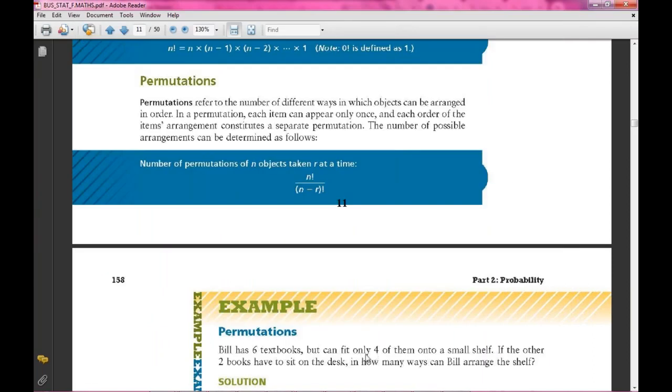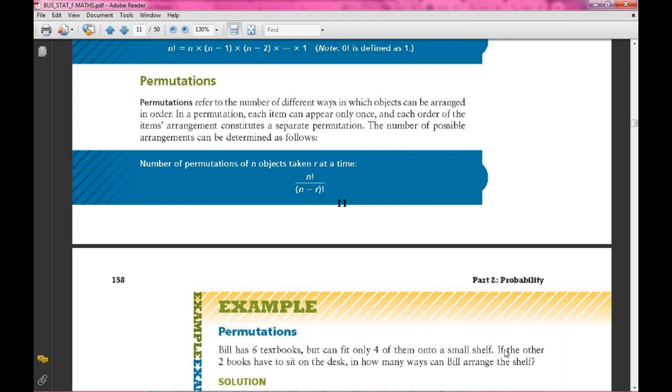Then it says he can fit only 4 of them onto a small shelf. That is to say, he can only fit 4 out of the 6. That n is the total number, taking 4 at a time.